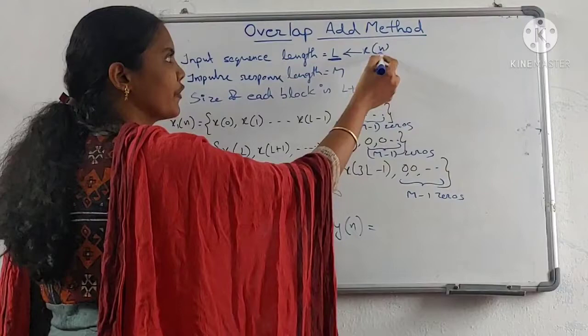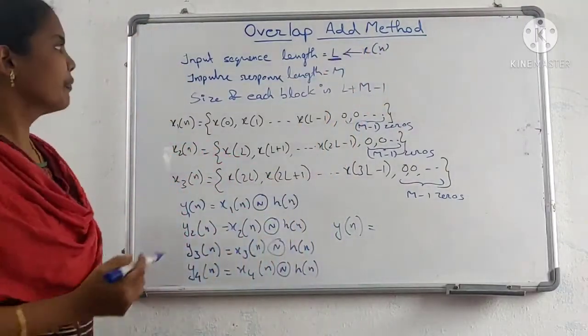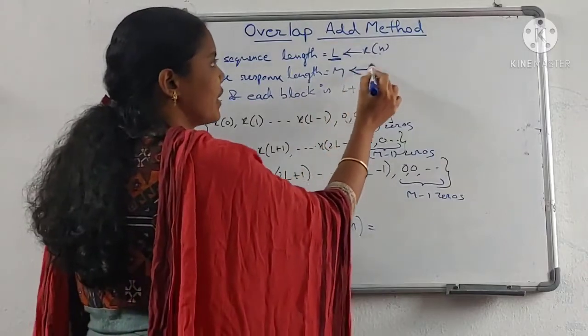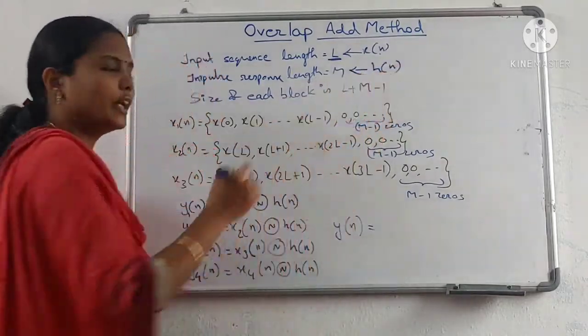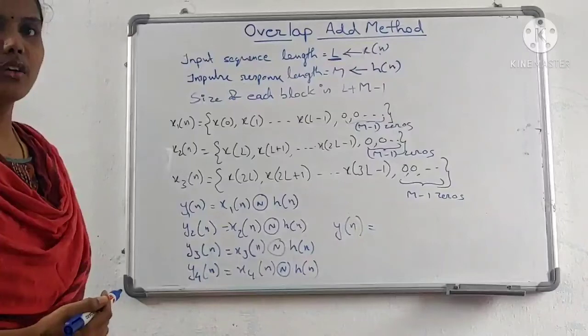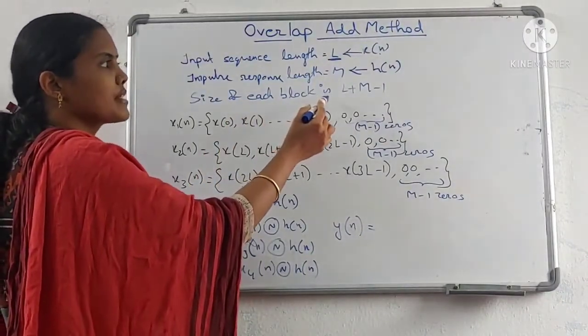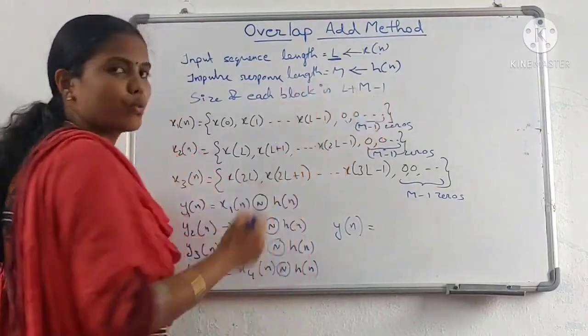This is the length of the input sequence x of n, and the impulse response is represented as h of n of length M. In this, the size of each block is L plus M minus 1.